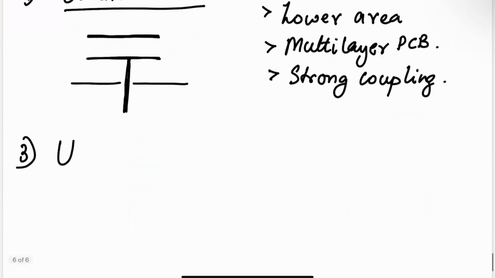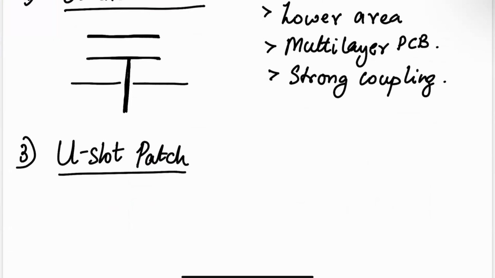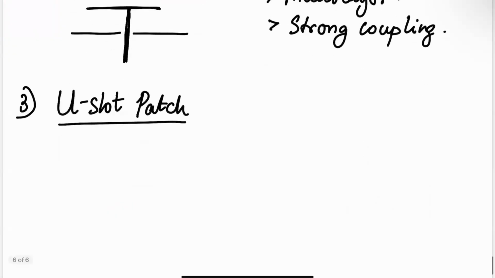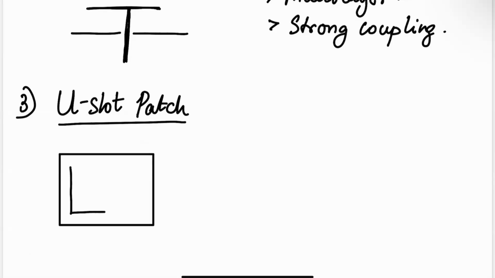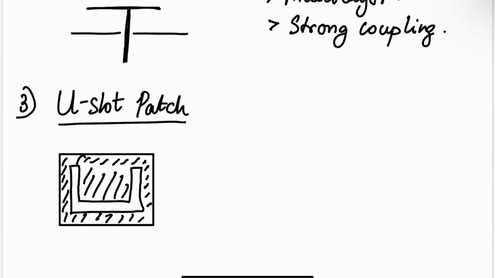Okay. Third option is to use a slot patch, which is my favorite in some sense. And I like them for several reasons. So what is it? You have your regular patch, and you cut a slot in this patch. That's U-shaped. So basically, this is all metal. You have a feed somewhere in the middle.